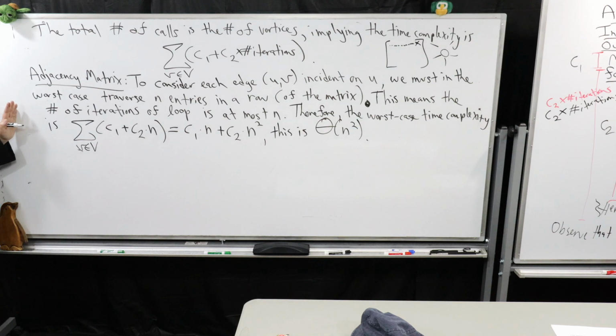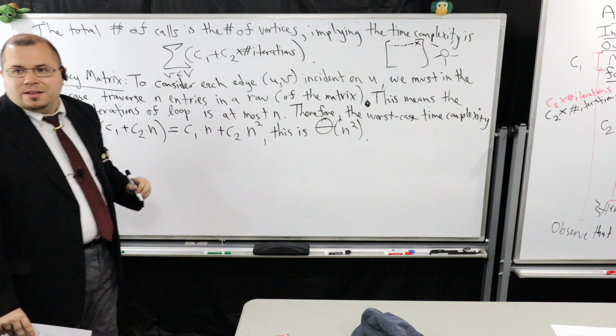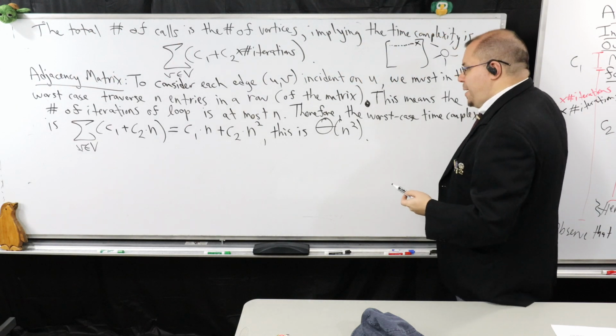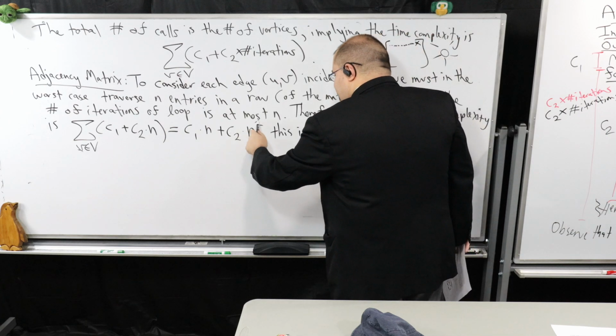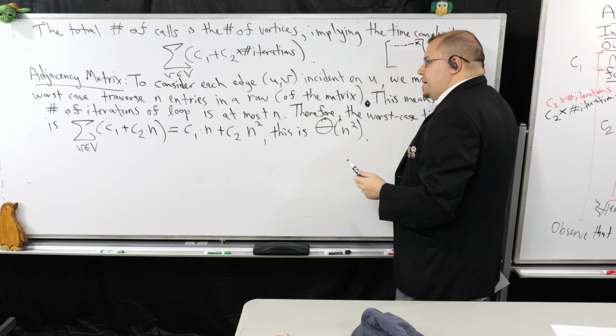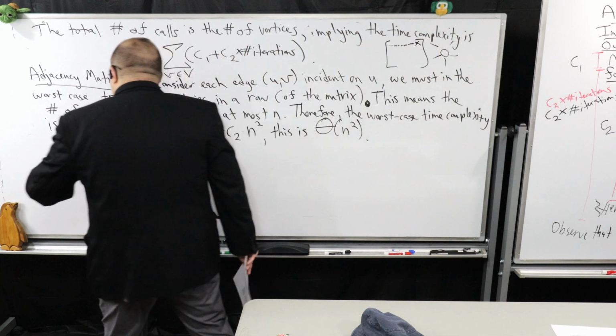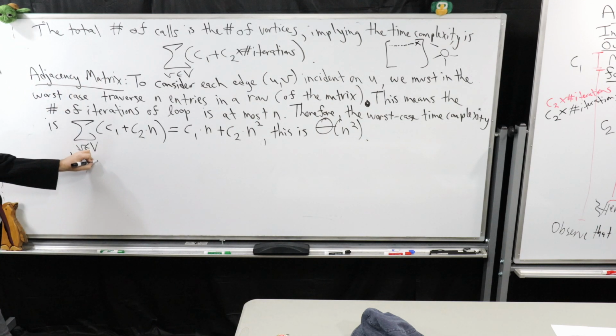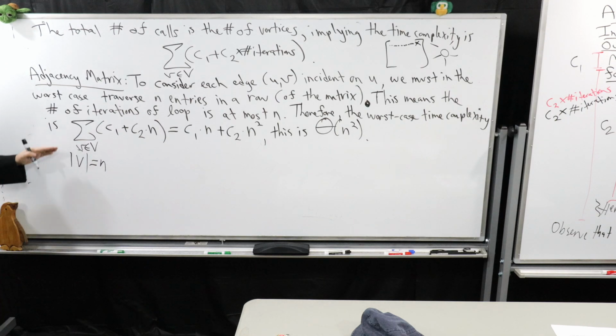Are there any questions about what I did here for the adjacency matrix representation? The n squared. How do I get the n squared? Okay, so this n squared right here. Remember the number of vertices is equal to n. So for each vertex, I'm going to add this, which means every single time I'm going to do this for each one of the vertices.